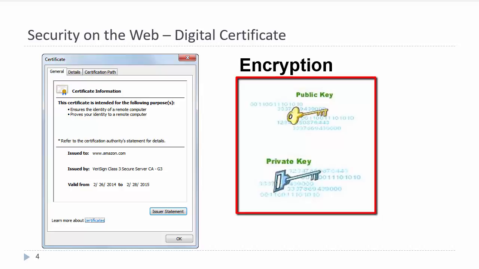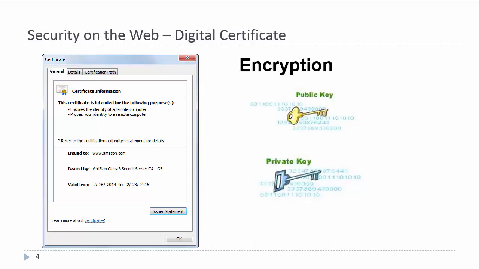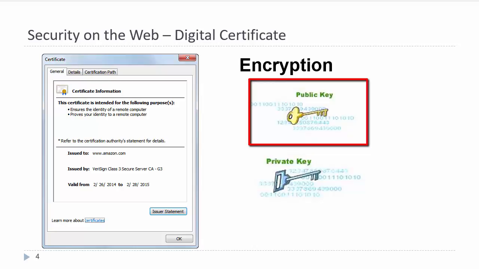So when you land on a site that is HTTPS, that has a digital certificate, the public key is sent down to you, and that works in the browser so that when you log in or you do any other type of interaction after you've logged in, remember HTTP is a series of request and response back and forth from the server.